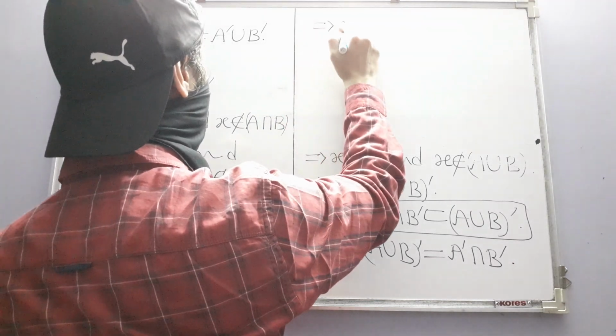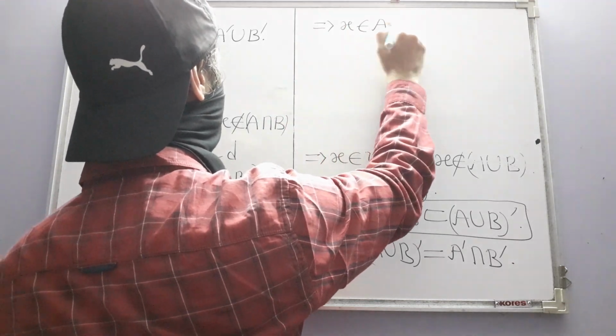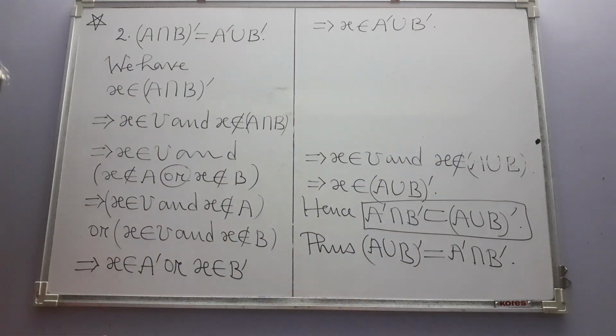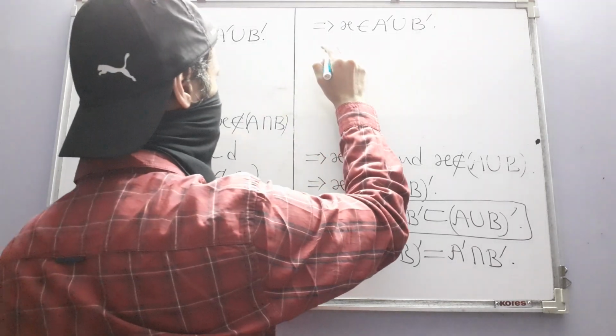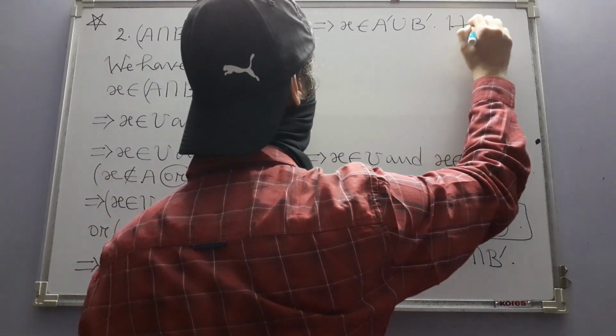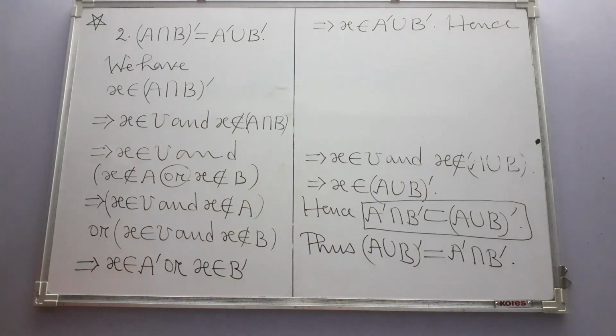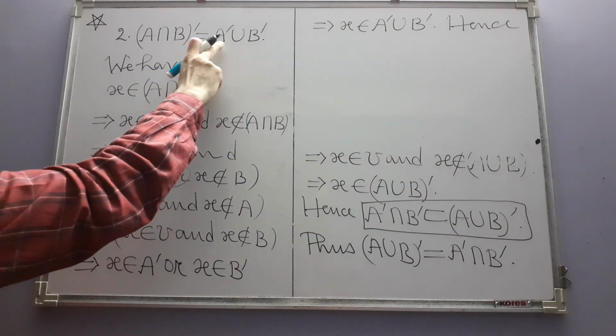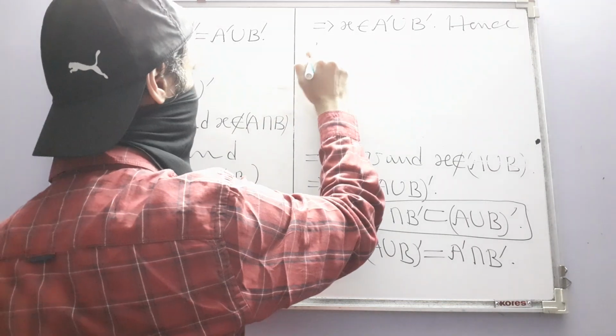And this now means X belongs to A complement union B complement, because it is either in A complement or B complement or both. Hence, so we took any element in this set and we have proved that it's also in this set.